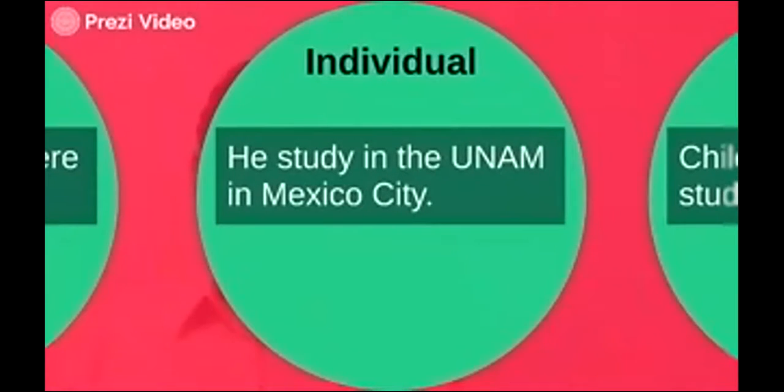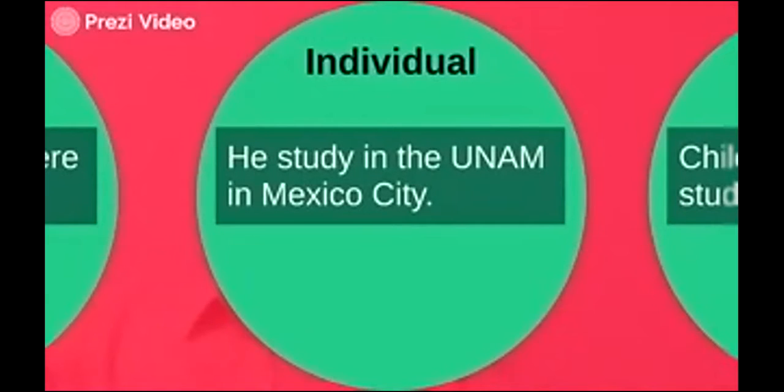An individual notion or individual idea could be, "He studied in the UNAM in Mexico City." The student thinks this is correct because this is fossilization. The student thinks that "he studied" is the correct grammar to use, when it should say "he studies in the UNAM in Mexico City."